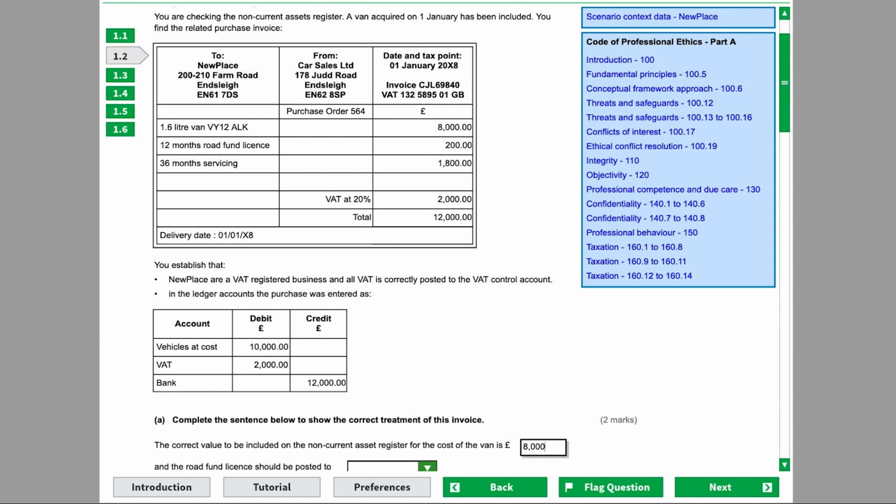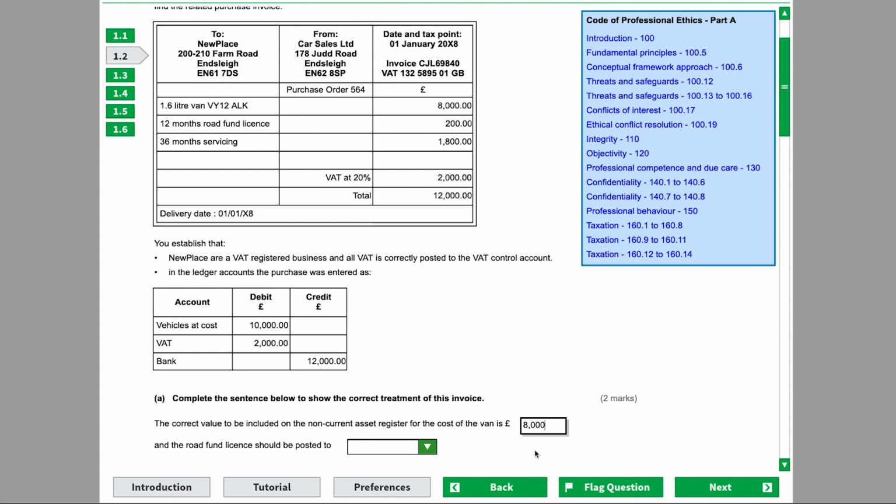It's also worth noting that the reason we've not capitalised the VAT on this is because it states that New Place are VAT registered, and with it being a van, a work vehicle, we would be able to claim the VAT back, and therefore we only want to capitalise the net amount.